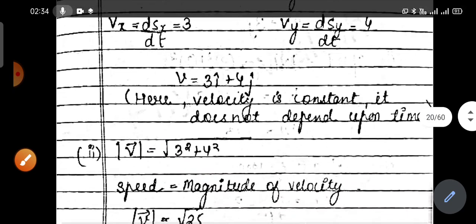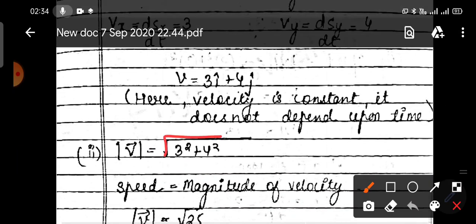You know that mod is equal to root of amplitude squares. In vector classes we learn all of this. So root of 3 square plus 4 square. 3 square is 9, 4 square is 16, root of 9 plus 16 is 25, root of 25 is 5. So your speed is 5 meter per second.